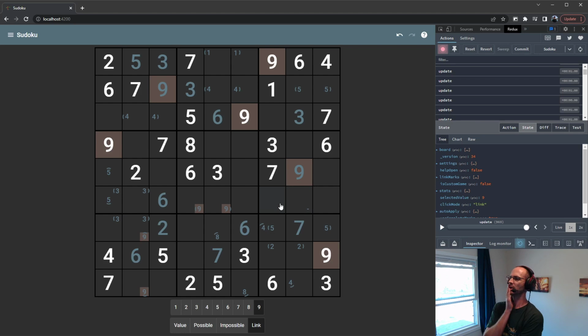Now, the cool, to me, interesting question. Oh no, wait. We got a strong link on 9s here now too. Oh, and that eliminates this one, which sets it there. Wow. That is impossible. The value is here. Very cool.